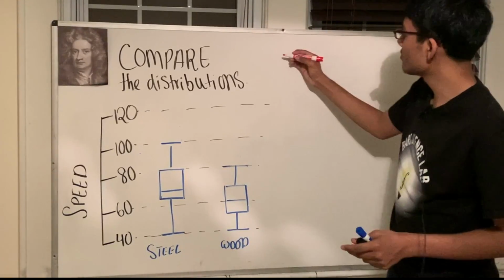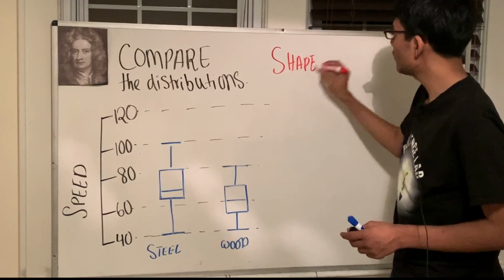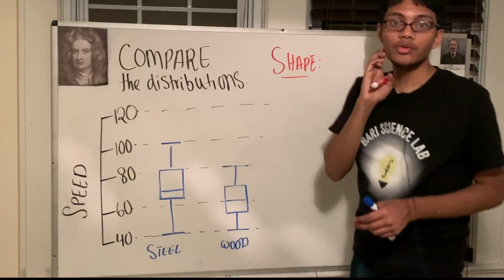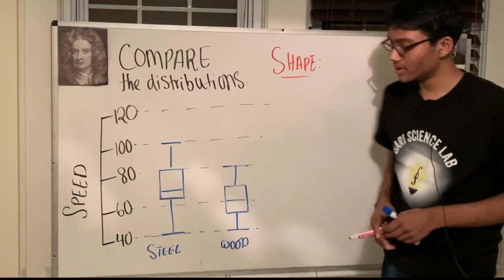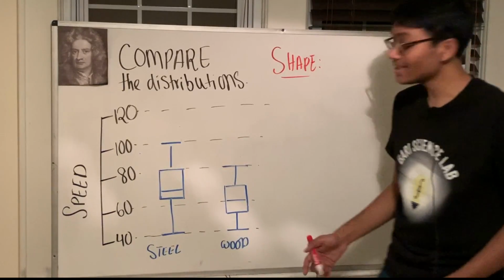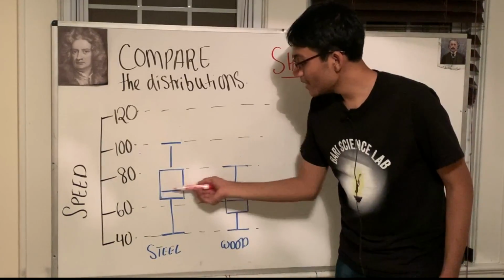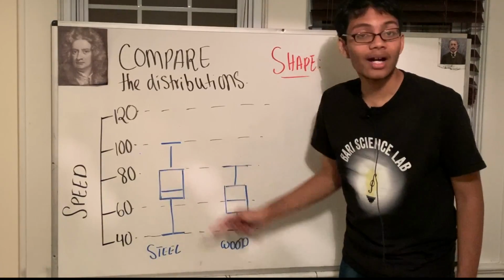First, let's make some comparisons about the shape. Remember, for shape we can say left skewed, right skewed, unimodal, bimodal, symmetric, asymmetrical. What can we say? Well, for shape I can see that steel is clearly asymmetrical, because the median doesn't cut this box in half.